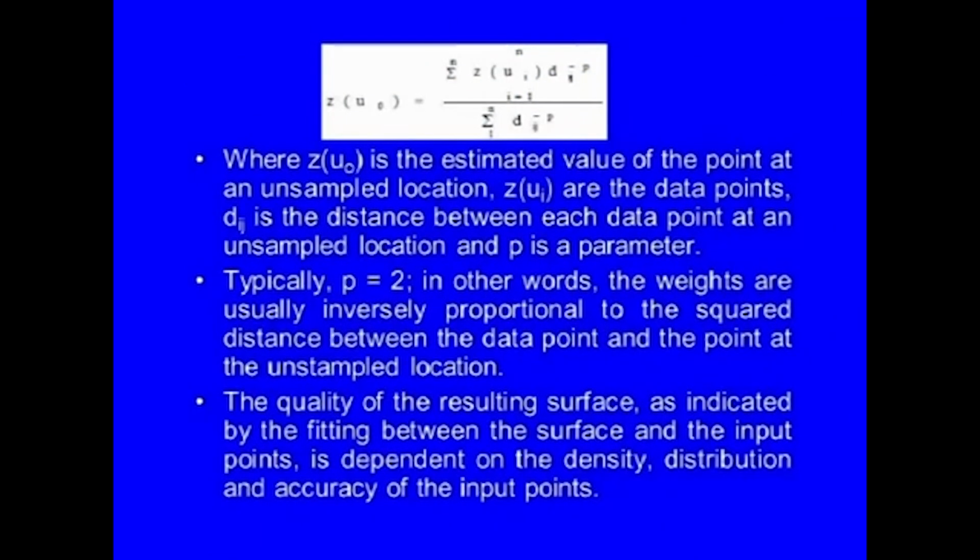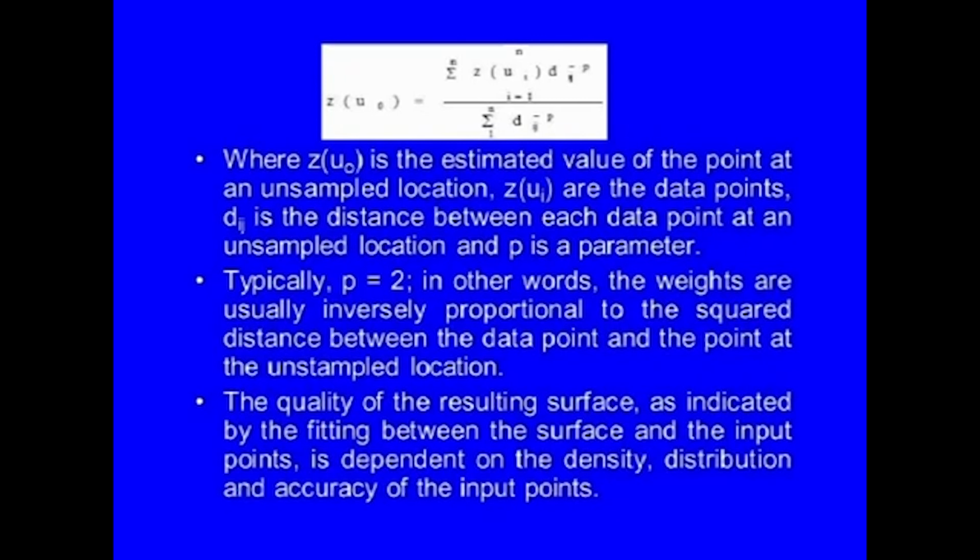Here the z can be expressed as a summation over all those points contributing within that particular window, with each weighted by the distance between the point of investigation and the data point raised to the power p, divided by the sum of the distances raised to the power p.